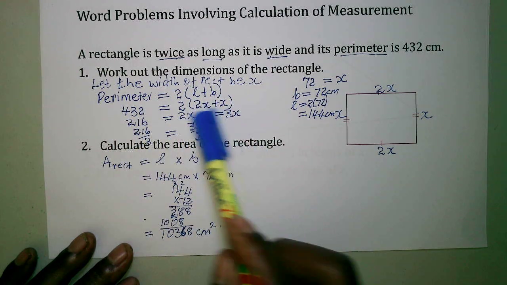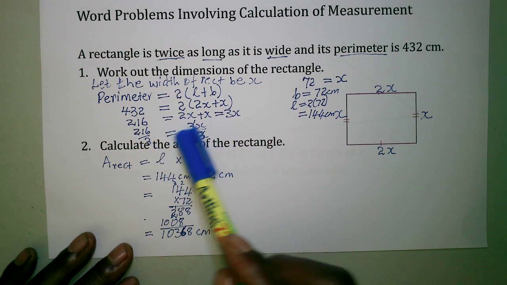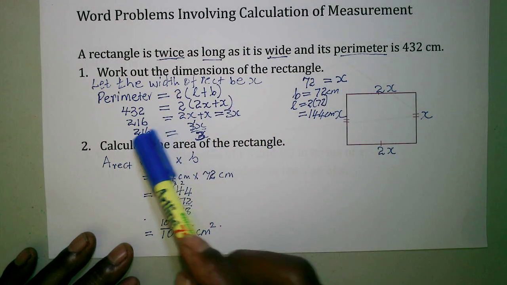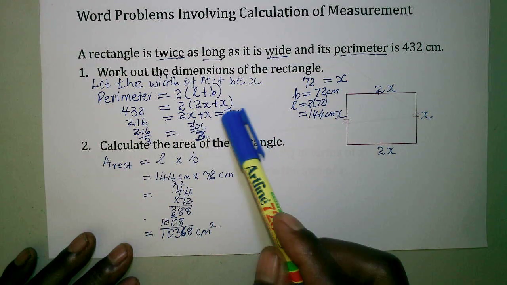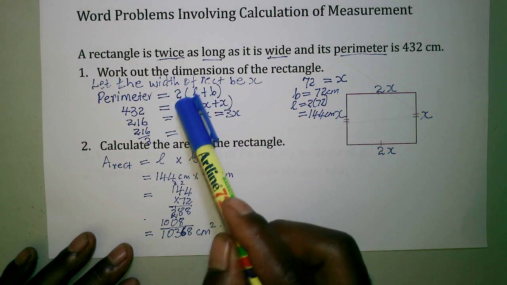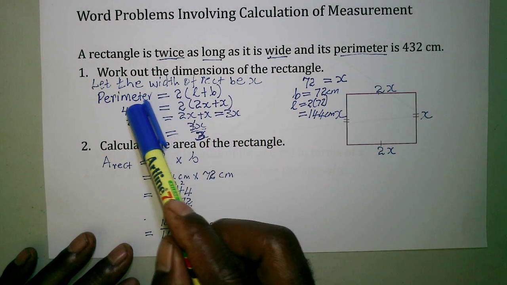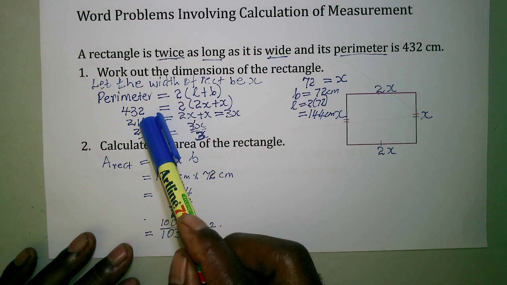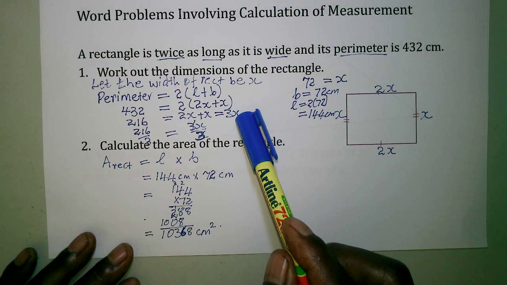So the rest is just ordinary arithmetic. We add the like terms. 2x plus x is 3x. And remember, 432 has been divided by 2. It gave us 216 equated to 3x.